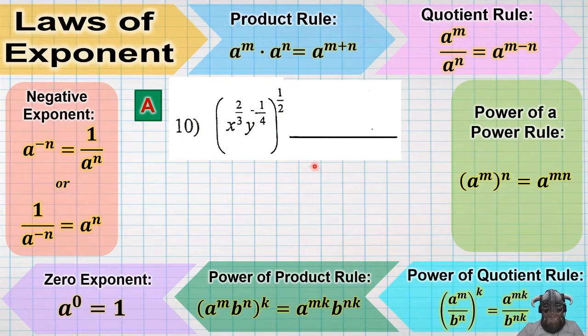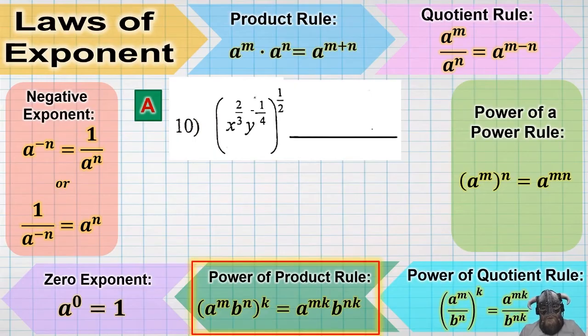So in this case, kung makikita nyo, we'll be using power of a product rule because the two given expressions are both raised to 1 half. So, didistribute lang natin dito si 1 half kay 2/3 tsaka kay negative 1/4. So, ang gagawin natin dyan will be x raised to 2/3 times 1 half then y raised to negative 1/4.